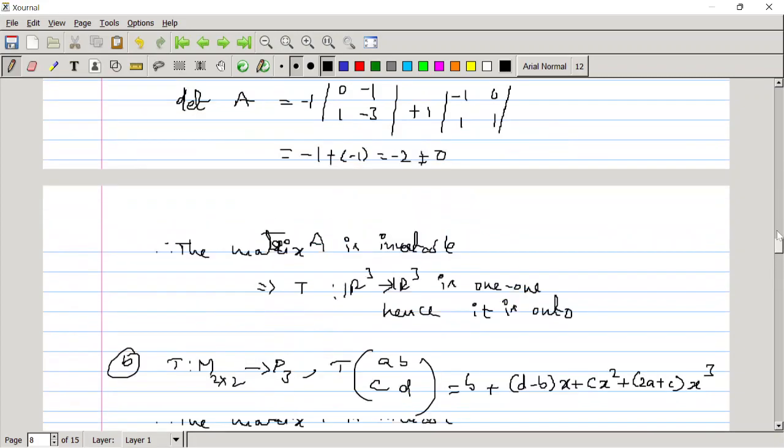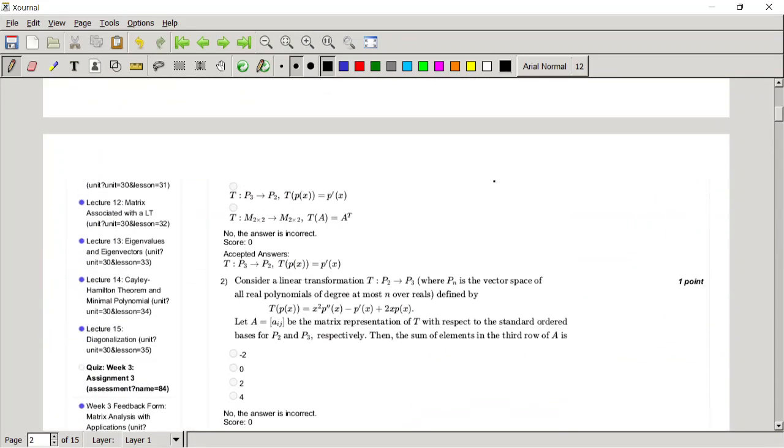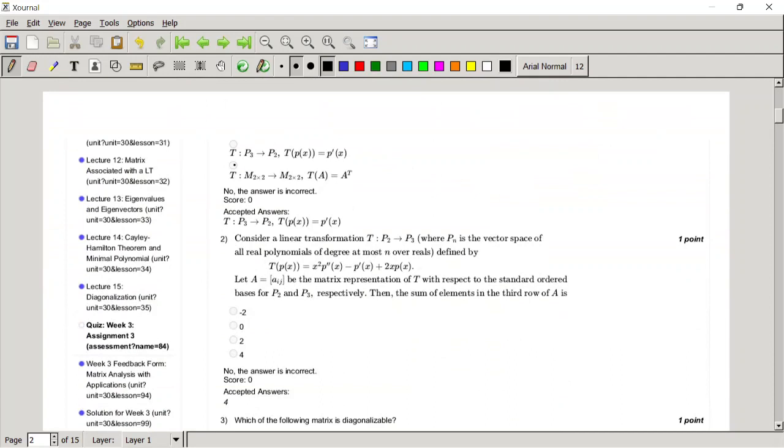Now we'll check the third option. The third option is T from P3 to P2, the space of all polynomials of degree at most 3 to the space of all polynomials of degree at most 2. Sorry, in the domain the degree should be at most 3. So the linear transformation is nothing but the derivative.